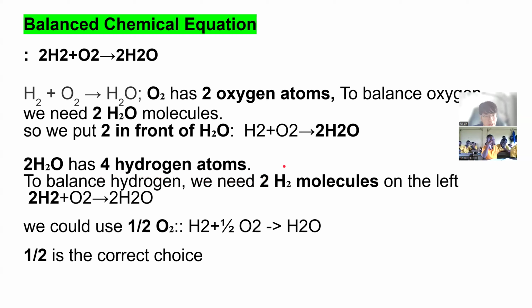What can we do with that? To balance hydrogen, we need 2 H2 molecules on the left. So if we multiply by 2, we have 2H2 plus O2, which goes to 2H2O. And this balances the equation because we have the number of atoms equal on the left and on the right.